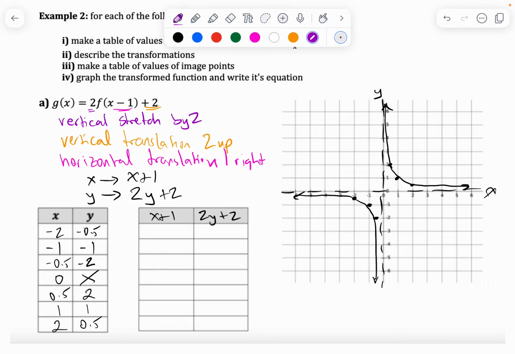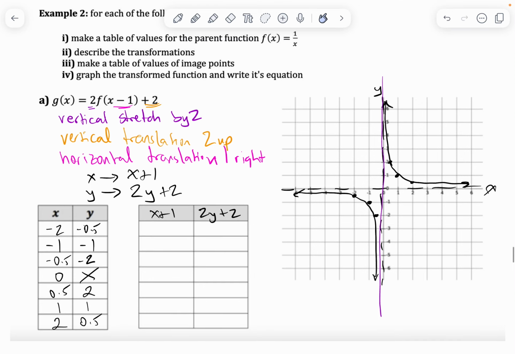Okay, now, before I plot these points, I want to point out that I'm translating 1 to the right. So this asymptote here is going to be translated 1 to the right. Asymptotes just get translated. You can't really stretch a line, so the asymptote is just going to be translated.